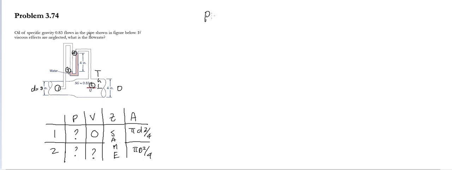So we have P1 plus 1/2 rho of the oil, V1 squared, plus gamma of the oil, Z1, is equal to P2 plus 1/2 rho of the oil, V2 squared, plus gamma of the oil, Z2.